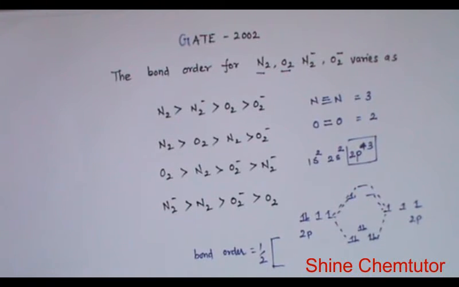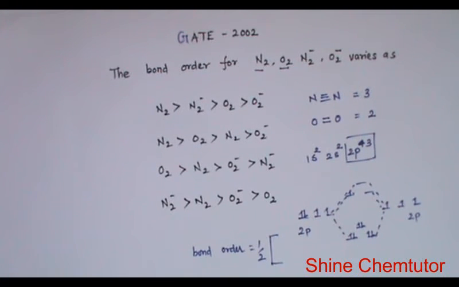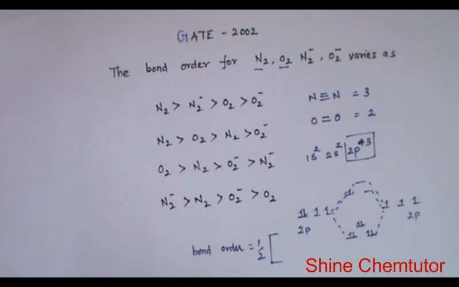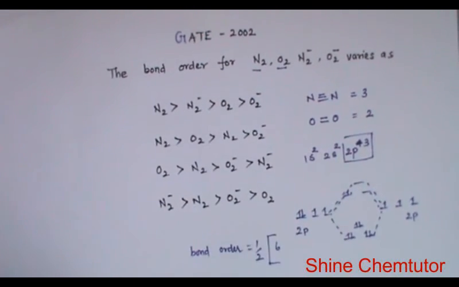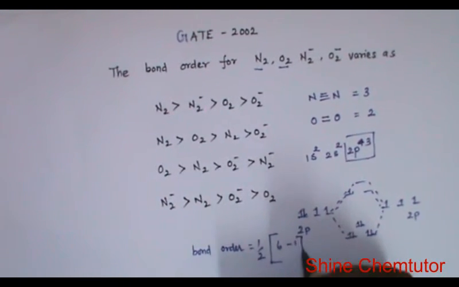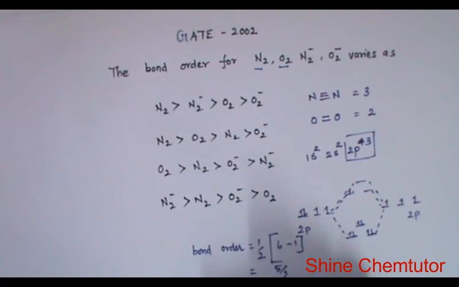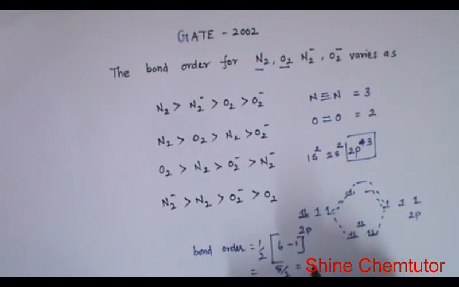If it is completely filled, it will get cancelled. So only the 2p orbital, the outermost orbital, will decide the bond order. I go for this. The number of bonding electrons is 6. Anti-bonding is 1. So 5 by 2, it will be 2.5.